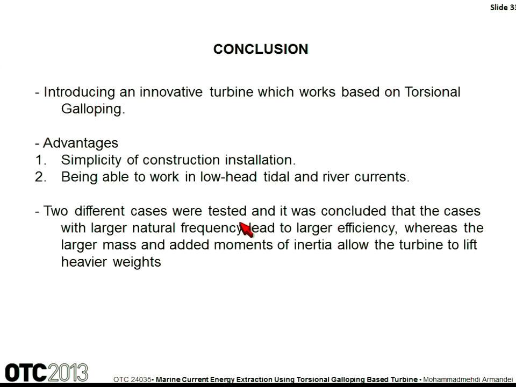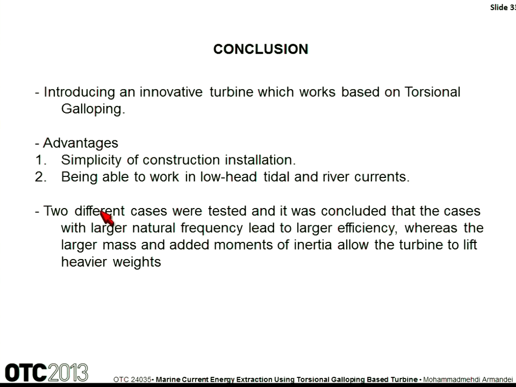In conclusion, we introduced an innovative turbine which works based on torsional galloping. The advantages of such a device are its simplicity in construction and installation, and also its capability to work in low-head tidal and river currents.